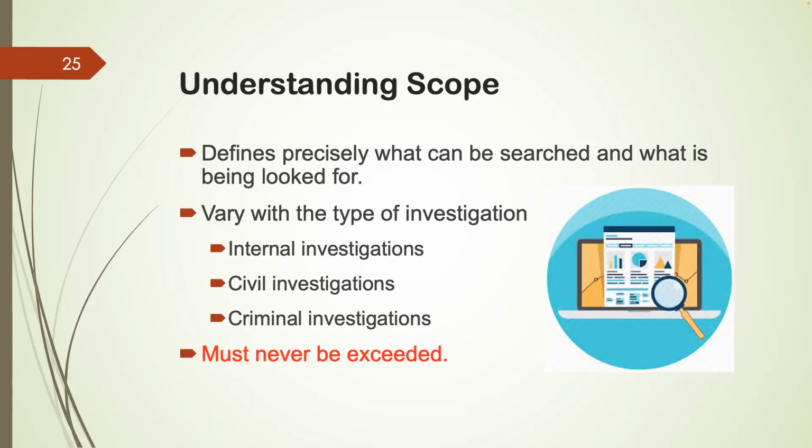Another important thing to remember is that once you determine the scope of the investigation, you have to stick with it. For example, if you are investigating a case in which somebody is accused of stealing trade secrets from one company to another, we will be looking at, say, PDF files, Excel files, or Word files that might contain the secret information that we're looking for.